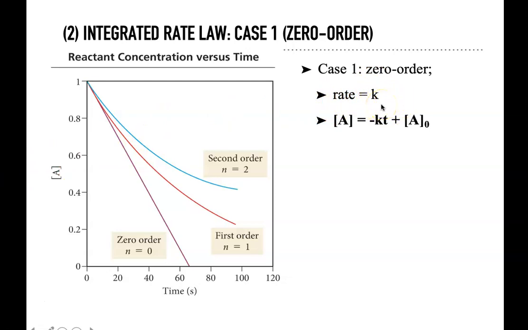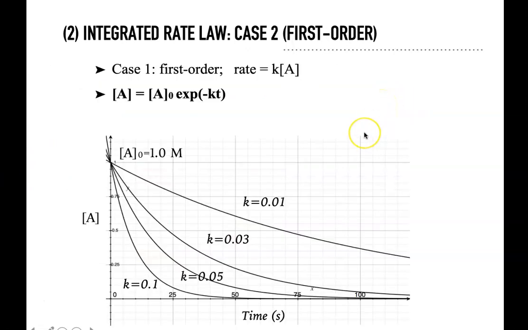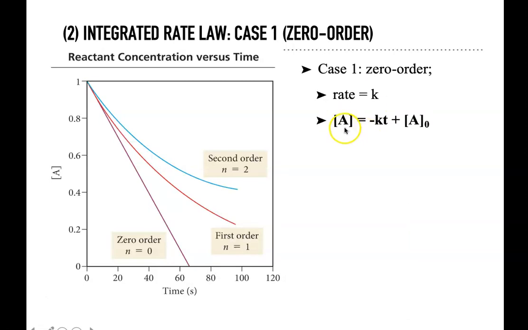When you integrate both sides, we find that A is constantly decreasing linearly as a function of time, with y-intercept A sub 0, which is the initial concentration. The slope is the reaction constant, negative k. When you measure the slope, we can find the reaction constant k.